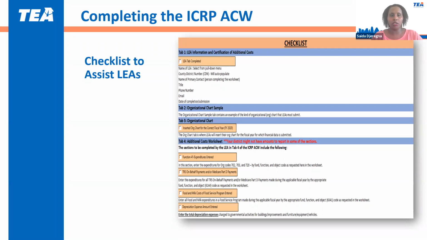We did include a link to our webpage and also a link to a frequently asked questions document in this tab. And like I mentioned, it has a little description of what is being required in every section. So we highly encourage you, please check it out. We will not be reviewing it, but it's there to assist you to complete the ACW.